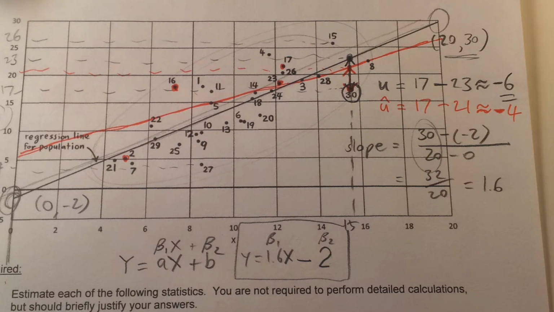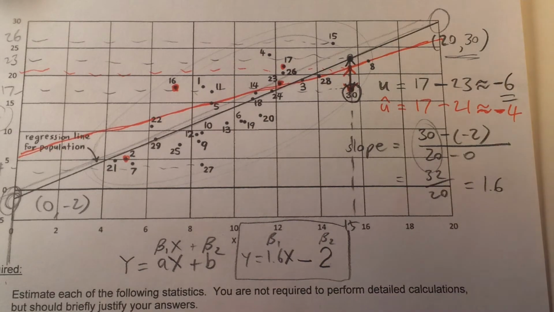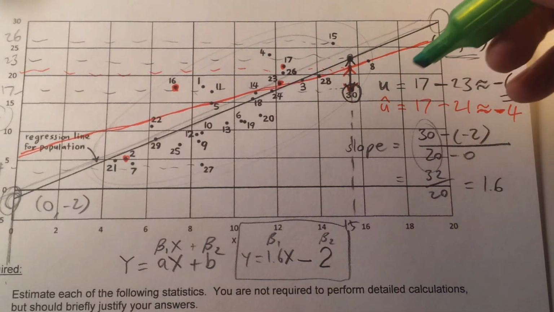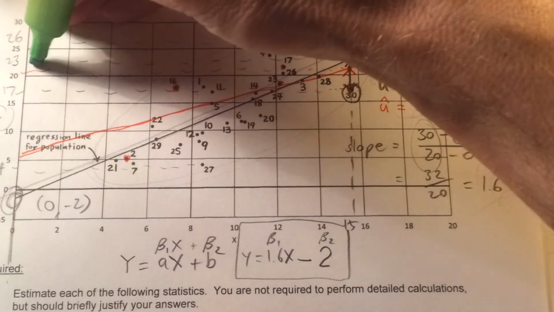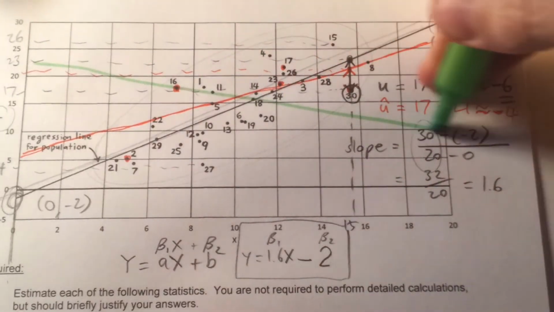So it is the same sign as the disturbance term in this case. It doesn't necessarily have to be, though the residual is an estimate of the corresponding disturbance term, so you would usually expect them to take that same sign. It is possible, and maybe you had a unique sample in the one that you chose, that we could perhaps get a regression line that looks possibly like this.